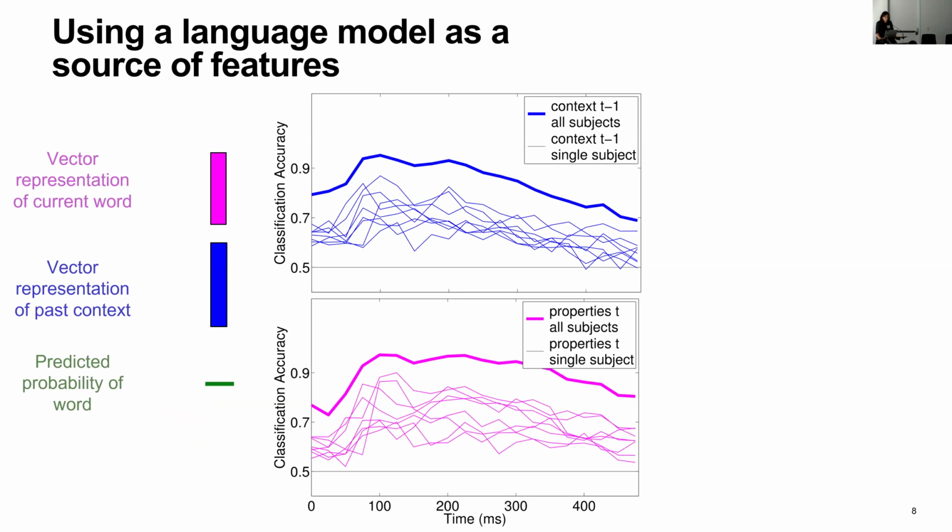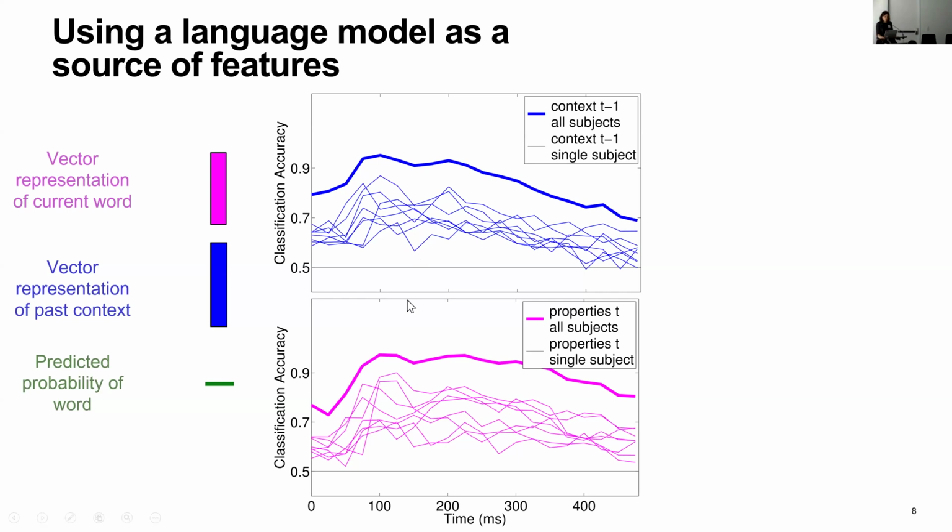These are some of our results. Here it's representing a single subject result, and the dark thick line is representing the result when we combine all subjects together, which gives us much more statistical power and a better accuracy. Our classification accuracy here, we don't need to get into it, it's just a measure of prediction performance.